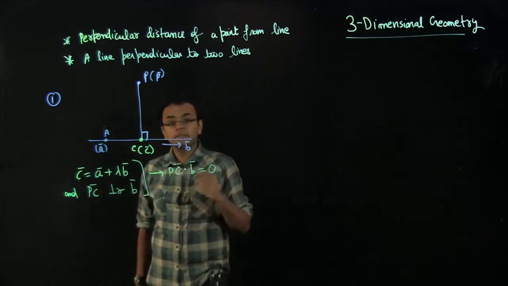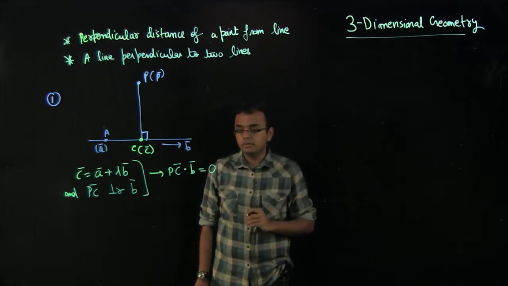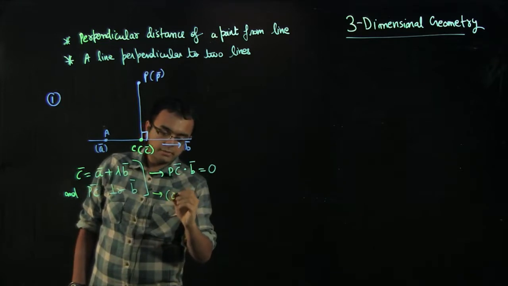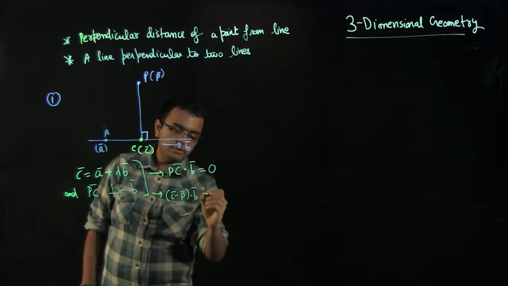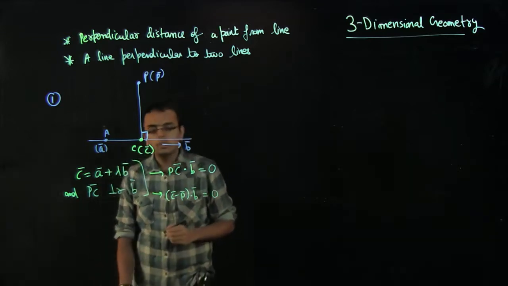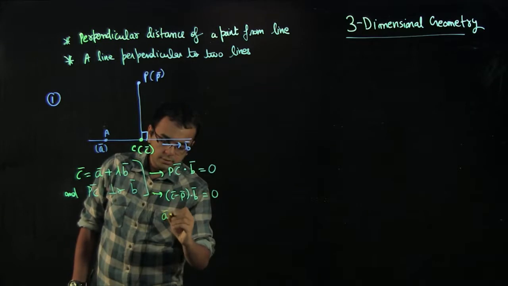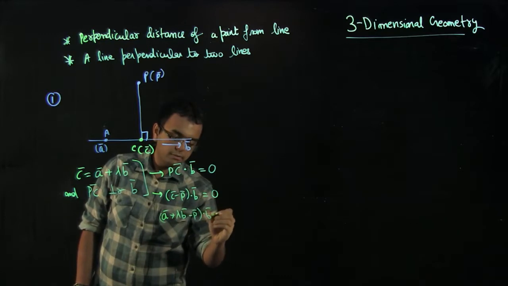Again, the knowledge of vectors is super critical in this chapter. I have emphasized that many times in the last two videos also. PC vector is nothing but C vector minus P vector dotted with B vector equal to 0, and C vector is nothing but A plus lambda B vector, minus P vector, dotted with B is equal to 0.